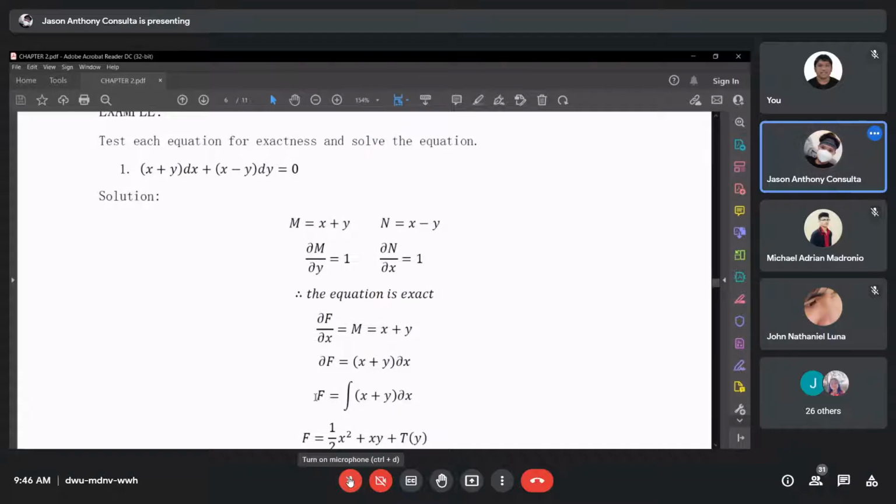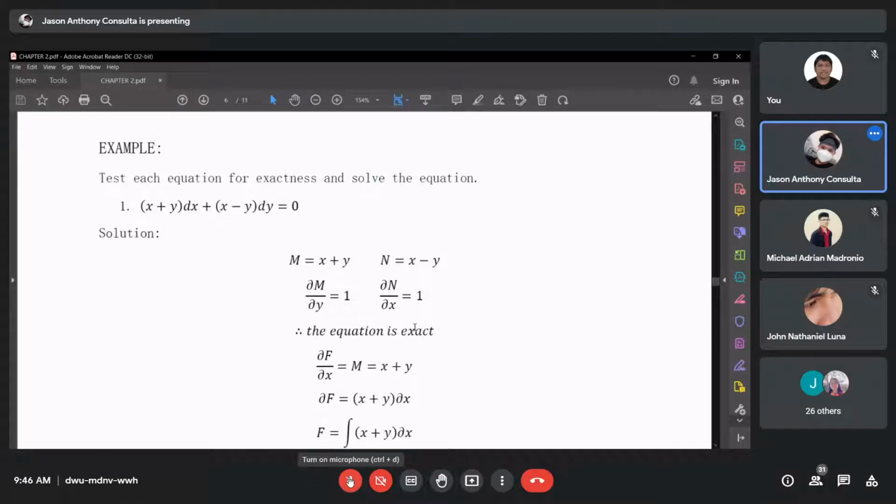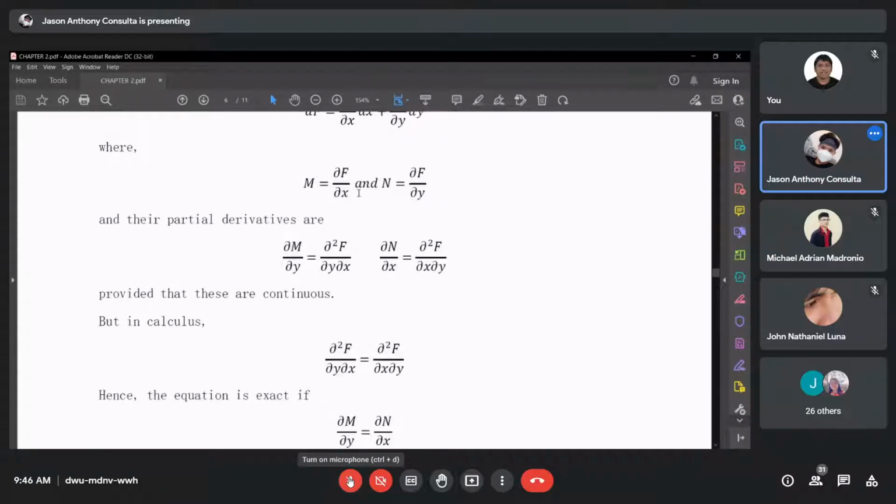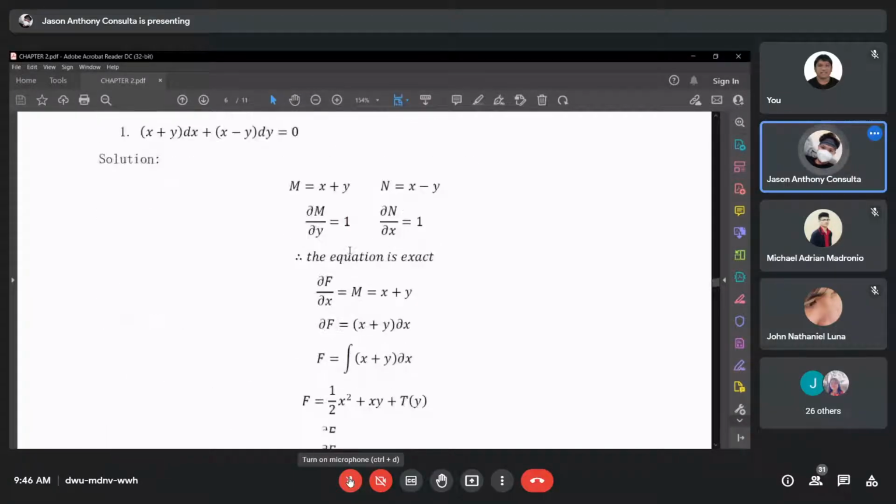Hahanapin yung f. Paano hahanapin itong f na to? Partial derivative of f with respect to x is equal to M, di ba? Nasaan na yung ano dito? Ito, yung sabi kong pangalawang tatandaan. Partial derivative of f with respect to x is equal to M. But we have the value of M, di ba? So, ito.